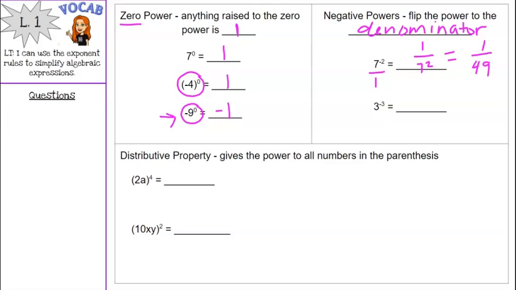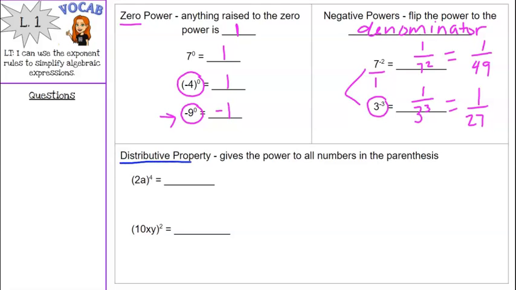We did that exploration with our calculator last class. 3 to the negative 3rd is then 1 over 3 to the positive 3rd, which becomes 1 over 27. Again, you can do those in your calculator to test those and remind yourself of that rule.